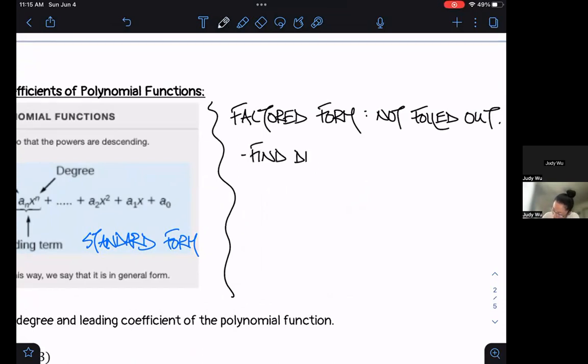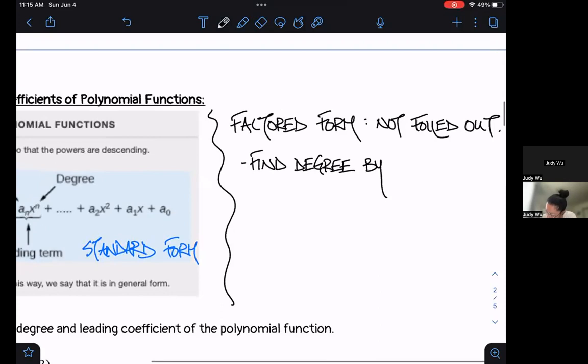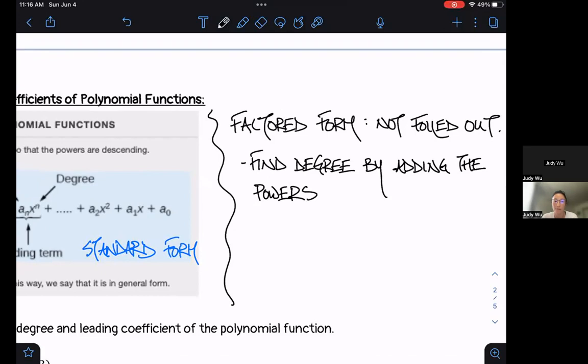So it turns out that all we need to do here is find the degree by adding the powers. All right, so we're going to find the degree by adding the powers. And we're going to FOIL out just the highest powers.